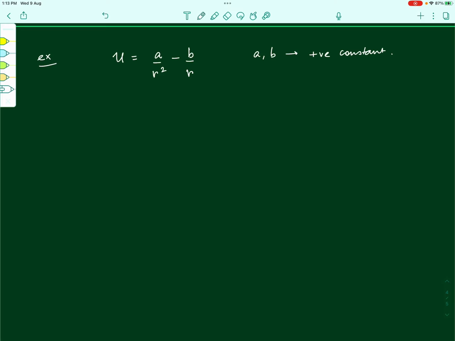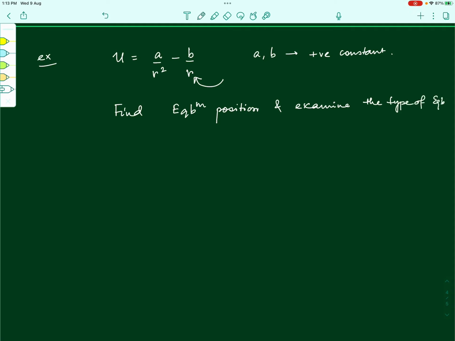We are supposed to find the equilibrium position, that is, the value of R for which the particle is in equilibrium, and also examine the type of equilibrium.